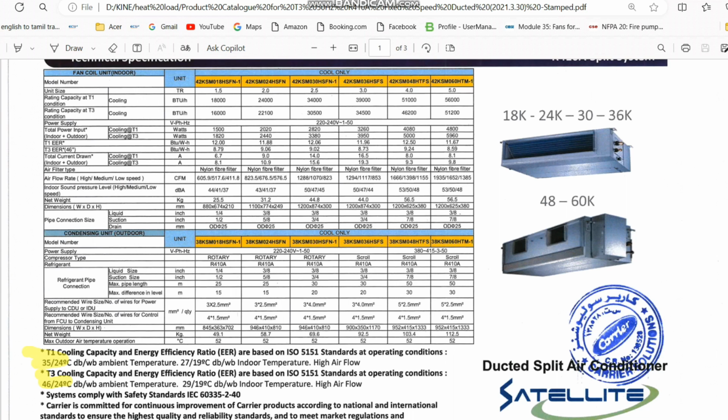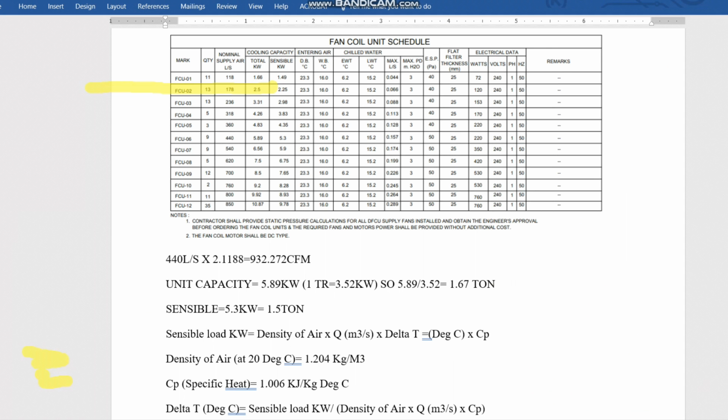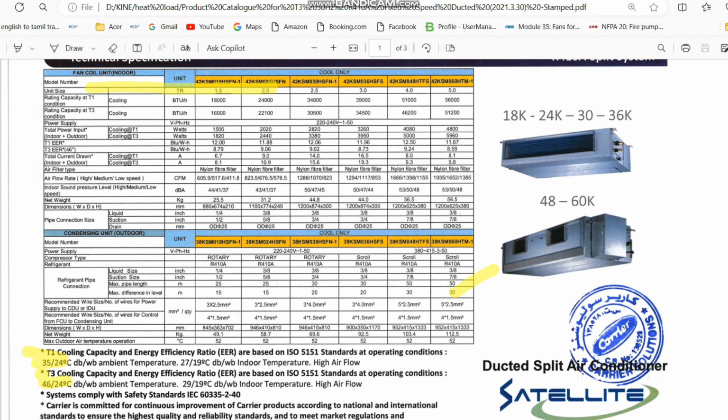Here the unit size is mentioned in ton, 1.52 ton, and we just saw that we need 1.67 ton. So 1.67 is between 1.5 and 2 ton, so anyway we can choose at least one unit from here. But the problem is that in the T3 condition we need to check, because the ambient temperature is 46 dry bulb. That is what suits Qatar and Dubai.